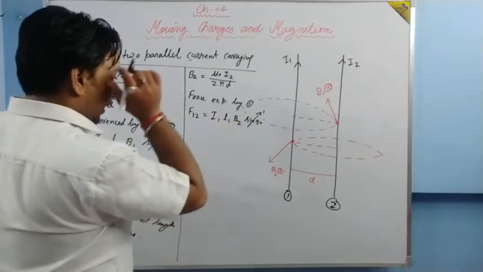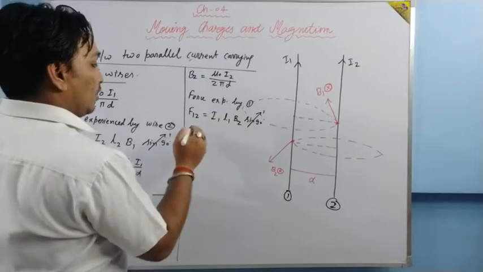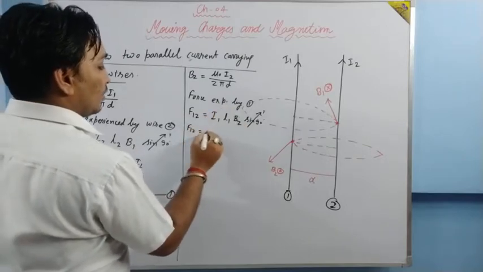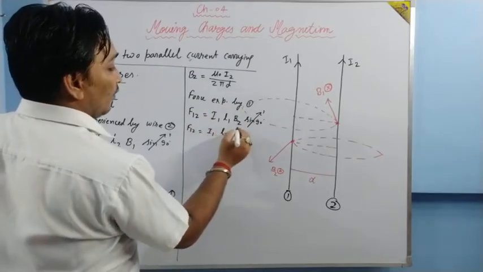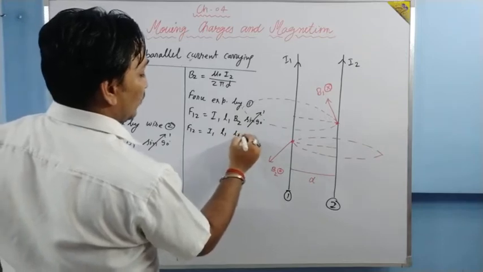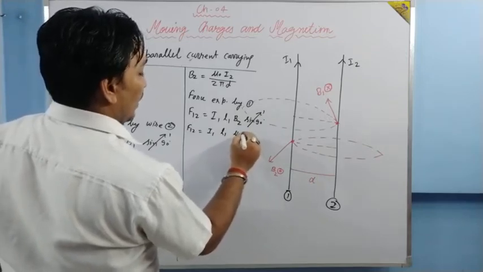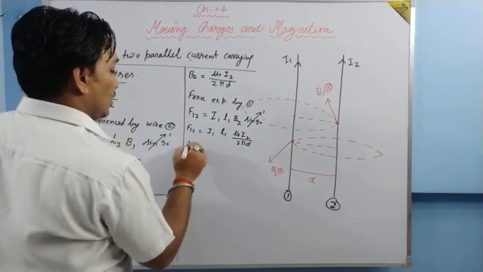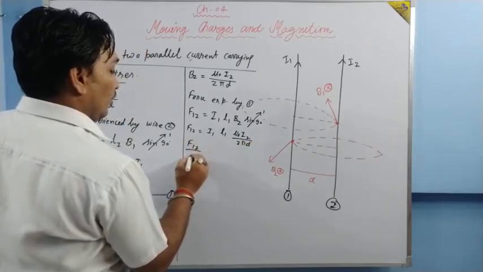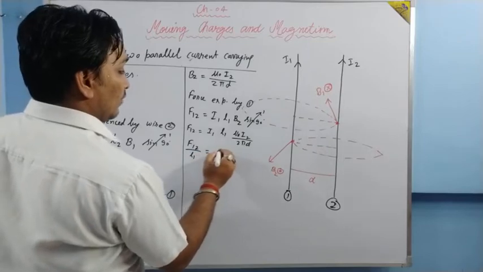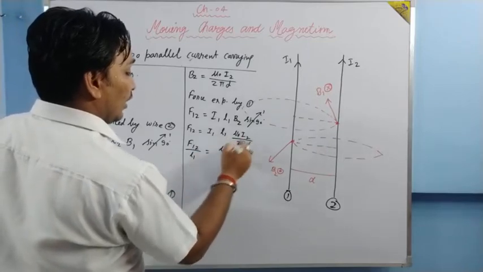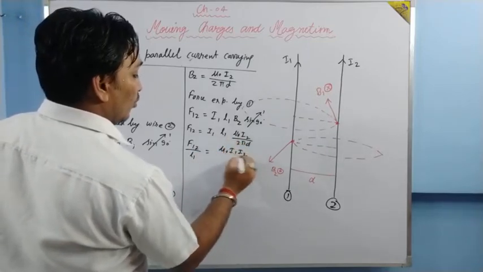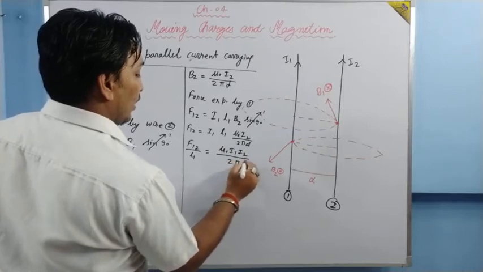Now value of sine 90 is 1. Value of B2 let us put. So we are going to have F12 is equal to I1 L1. The value of B2 is mu naught I2 upon 2 pi d. L1 is transferred to this side. We are going to have F12 upon L1 is equal to mu naught I1 I2 upon 2 pi d.